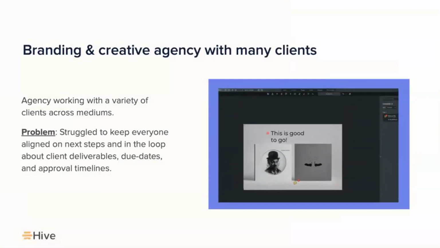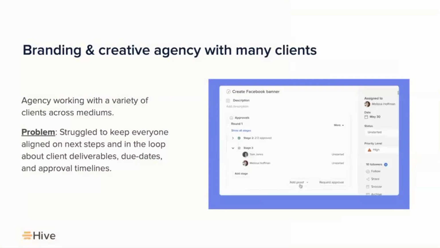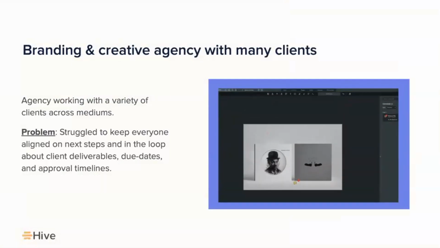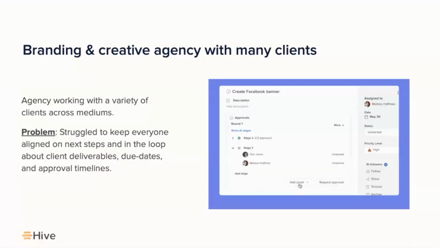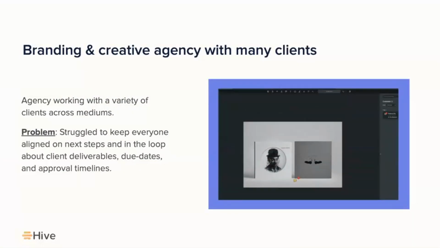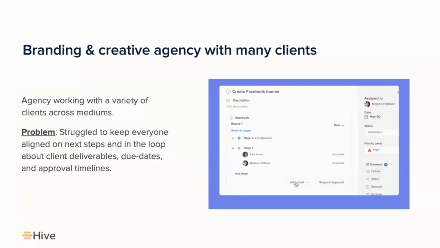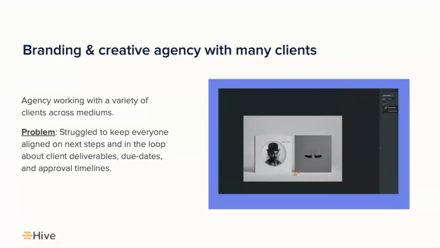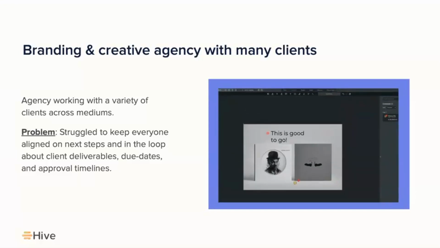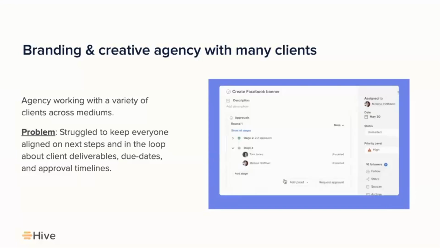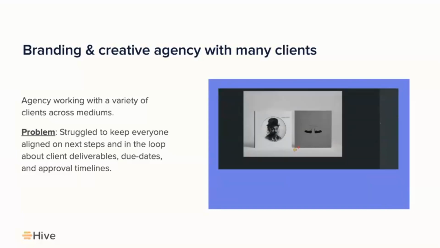And what they found, they started with us before COVID, but I've obviously helped them through COVID as well, that it was hard for them to keep every member of their team in the loop, as well as the client. So they wanted the client to be able to have external proofing rights at the end of the process, while maintaining the visibility of their internal team throughout the proofing flow.